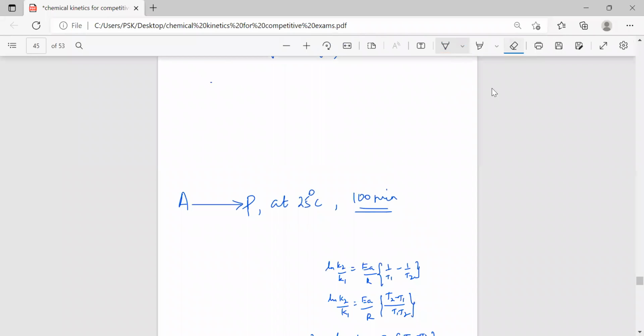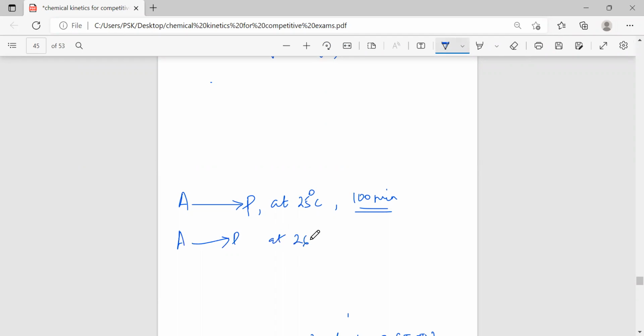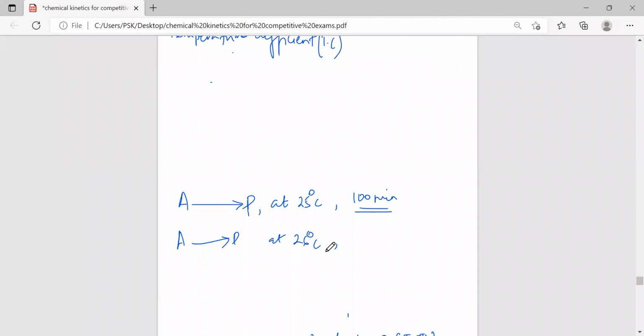Now, for the same reaction, the temperature is increased to 26 degrees Celsius. Now you tell me what will be the time required for completion of the reaction. Is it 100 minutes, more than 100 minutes, or less than 100 minutes?